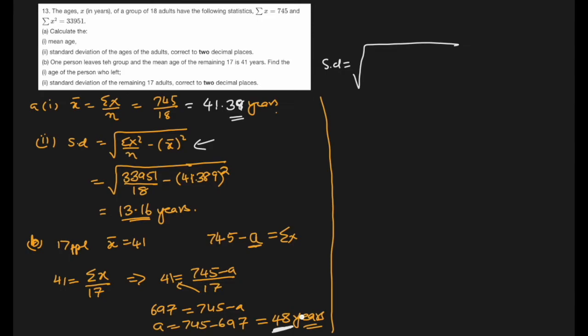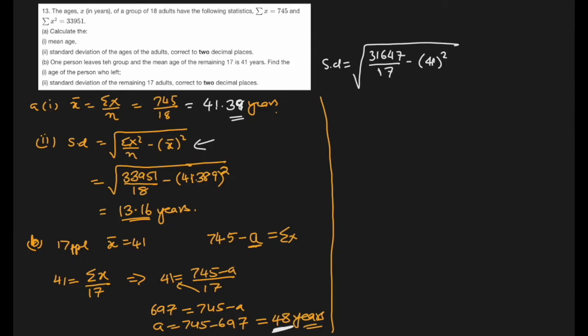So 33951 minus 48 squared comes out to 31647. 31647 over 17, they are now 17, minus the mean of the new group, 41 squared.